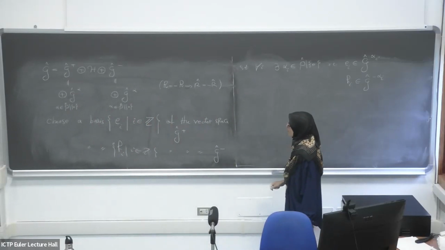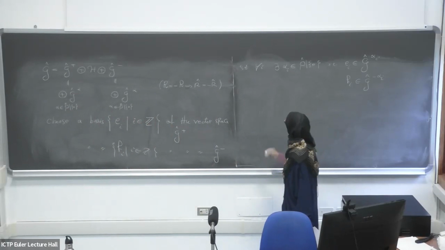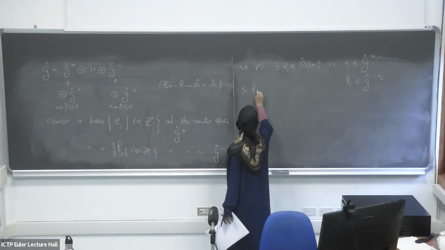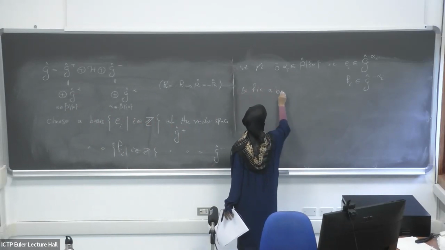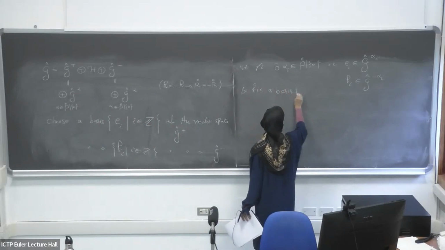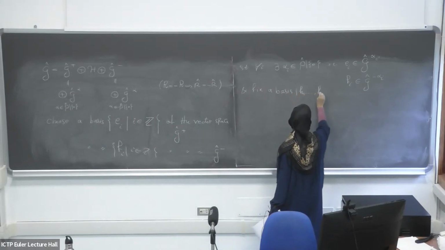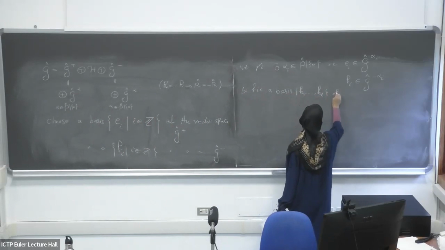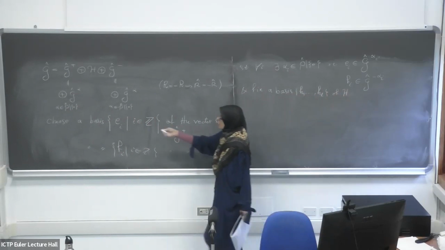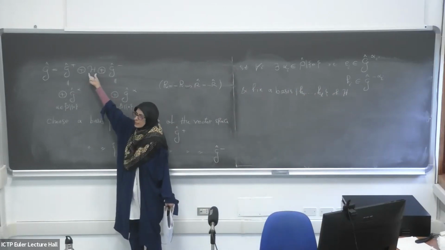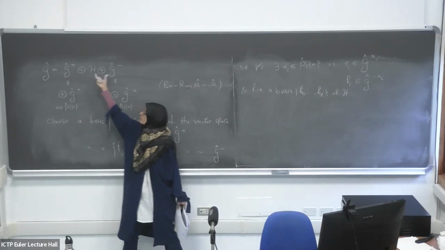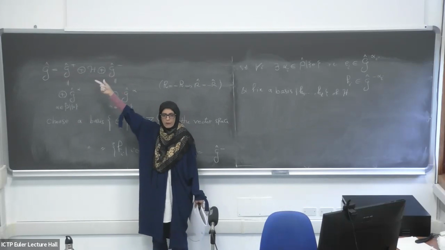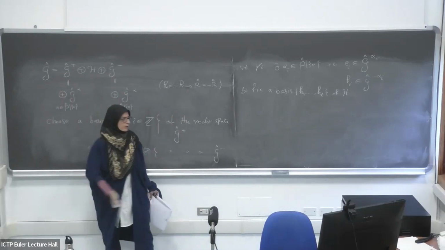And now fix a basis H1 up to HL of H. So we have a basis for this part, we have a basis for this, we have a basis for this, so we have a basis for G hat.